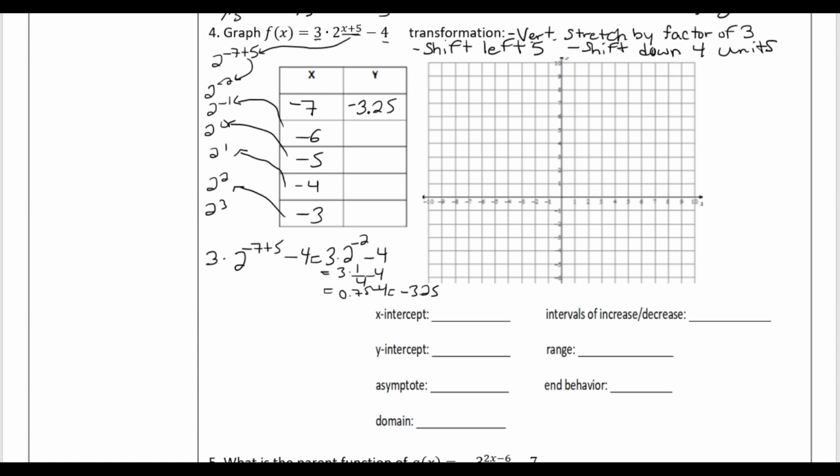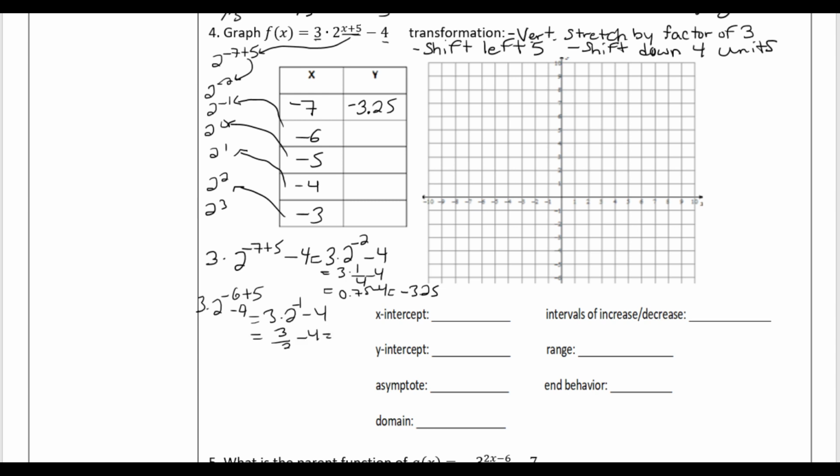All right, so now we got 3 times 2 to the negative 6 plus 5, which is 3 times 2 to the negative 1, minus 4. So we got 3 times 1 over 2, which is 3 over 2, minus 4.